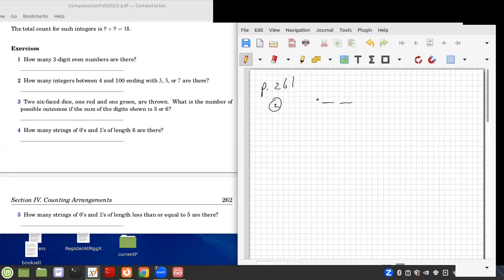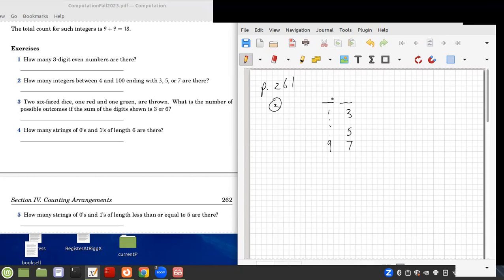But this slot here has to be either 3, 5, or 7. So if I have a 2-digit number, I can have 1 through 9 here, but then I also have the possibility of just 3, 5, or 7 as single-digit ones, right?